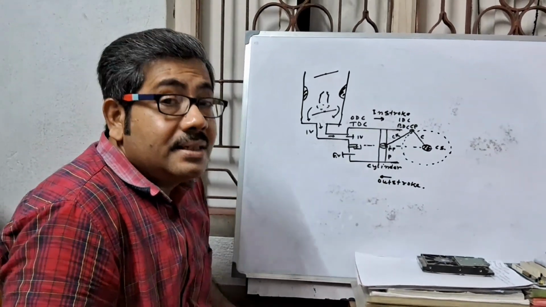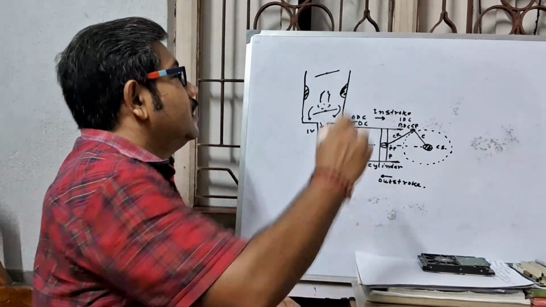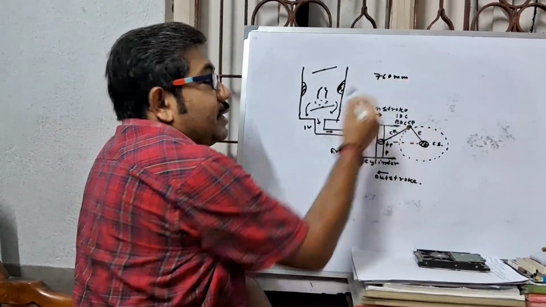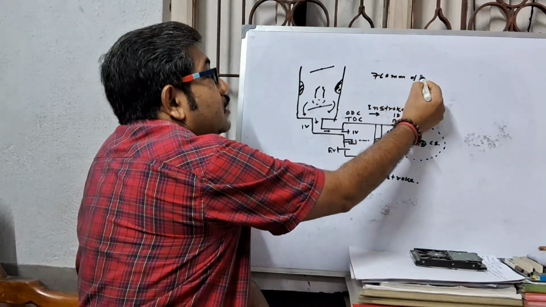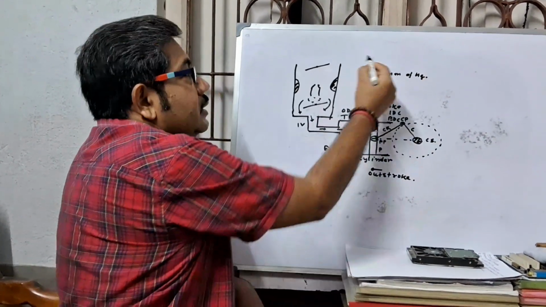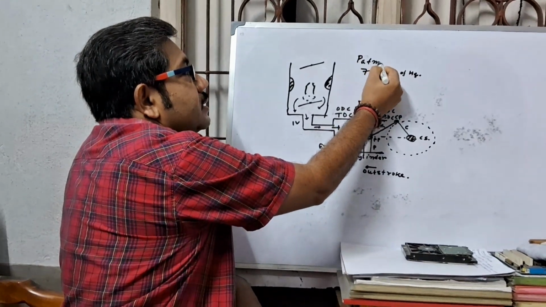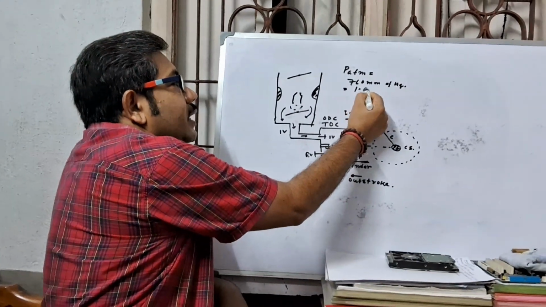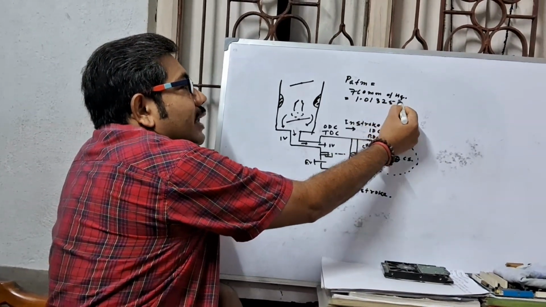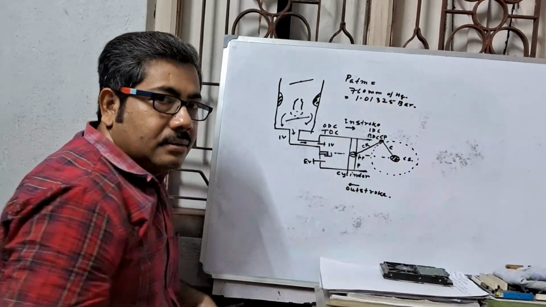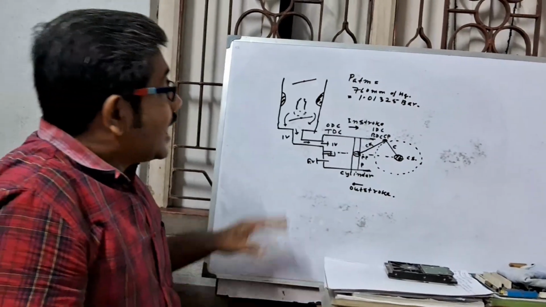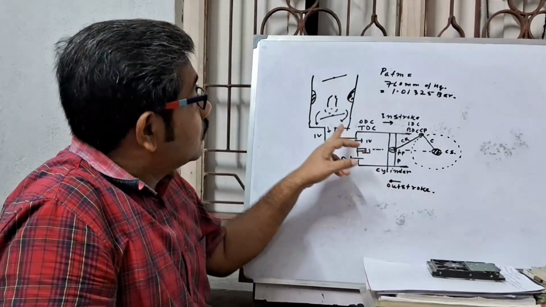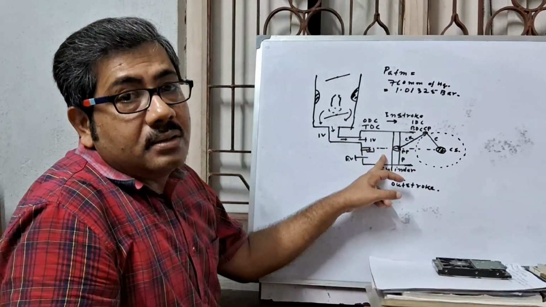That means it is at atmospheric pressure, which we know is 760 millimeter of Hg. This is P atm, that means atmospheric pressure, or you may say 1.01325 bar. So as there is no pressure difference, the air petrol mixture cannot come into the cylinder.